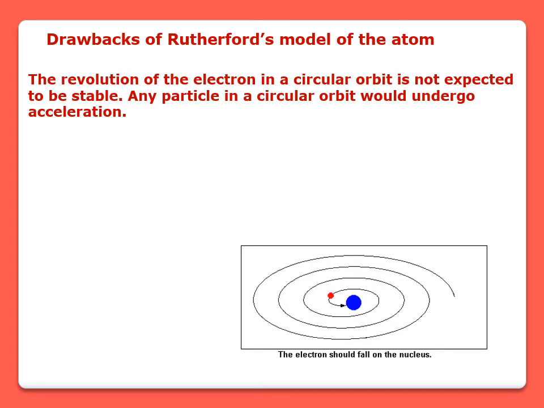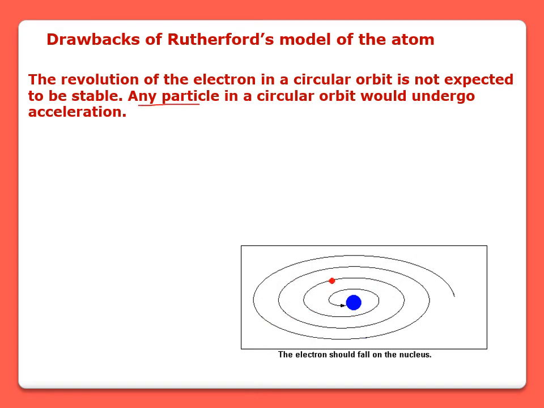So it was a great success by Rutherford, but the Rutherford model also has drawbacks. As I told you, it was a revolution that he told that electrons are revolving around the nucleus on a circular orbit inside the atom. Okay, but an electron, when it is in motion or it is revolving around the orbit, is not expected to be stable.